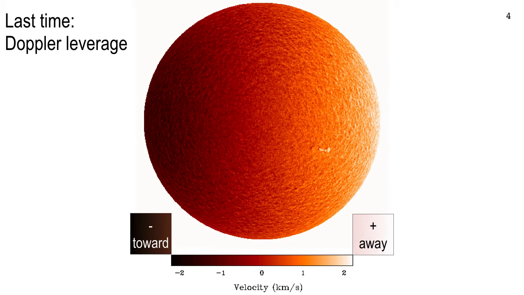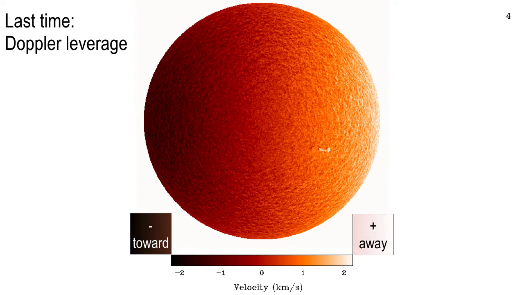The positive numbers, where it's whitish and almost orangey, correspond to a positive velocity, and that means in the astronomer's scheme of things that the velocity is away from the observer. All right? So this half of the Sun over here on the right is moving away from the observer.